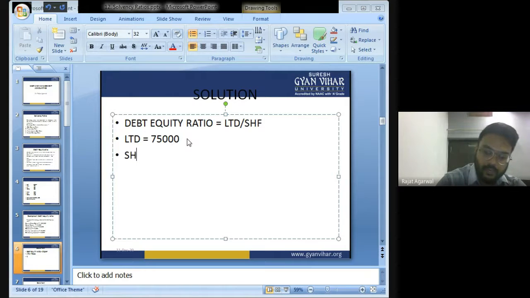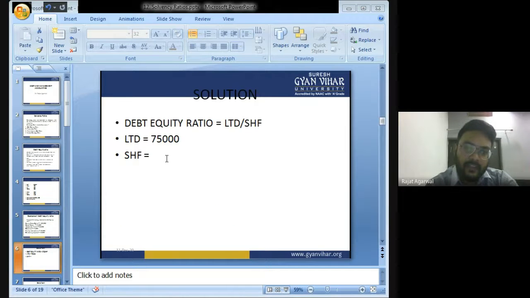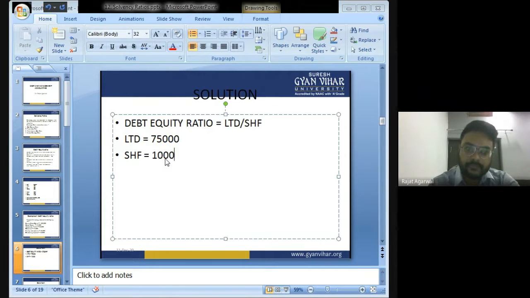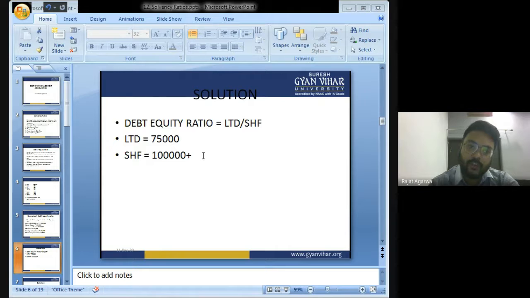Now let us calculate shareholder fund. Shareholder fund includes two parts, share capital and reserve and surplus, and share capital includes both equity share capital and preference share capital. So equity share capital 1 lakh is a part of shareholder fund. General reserve is also a part of shareholder fund.